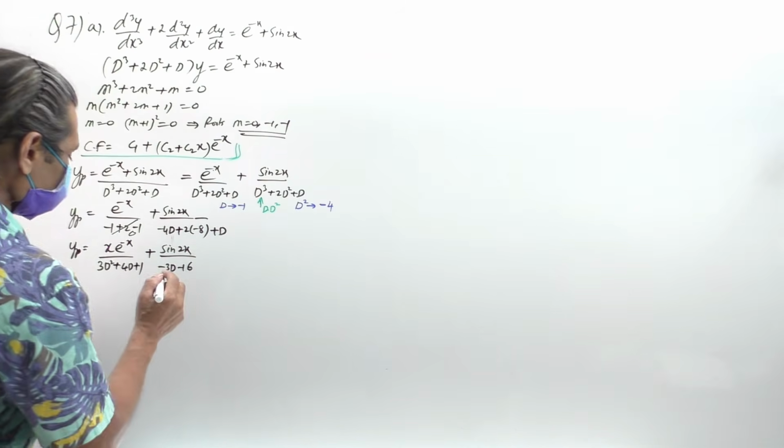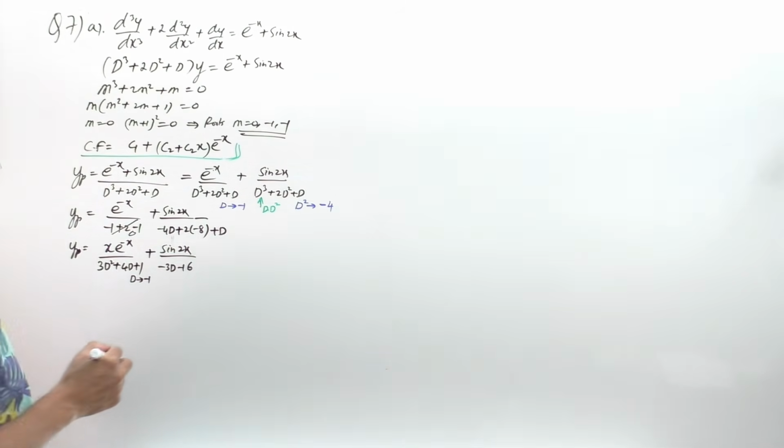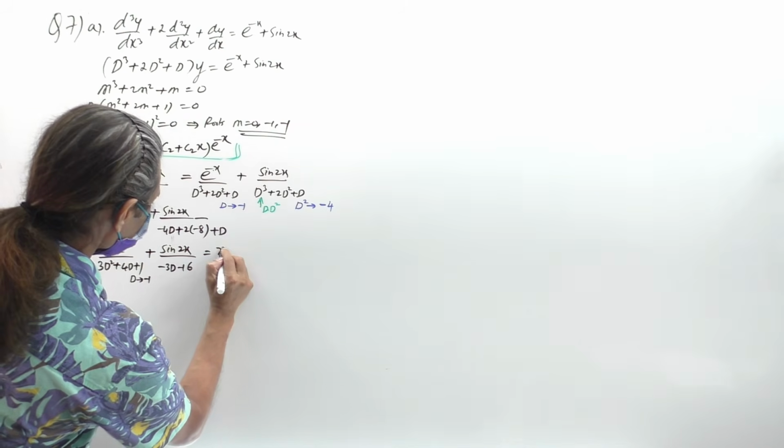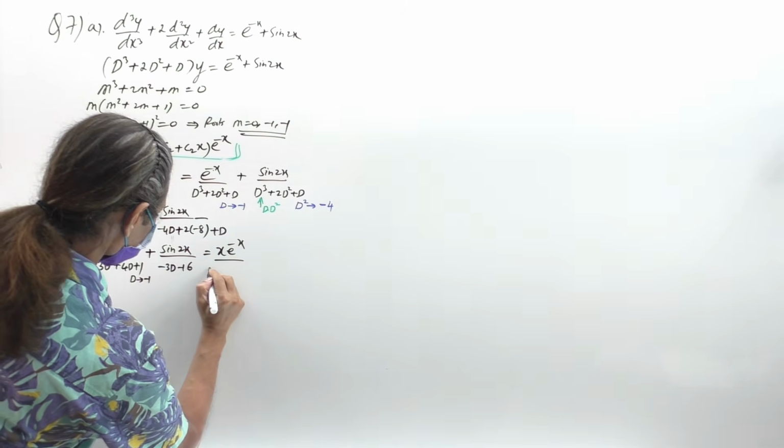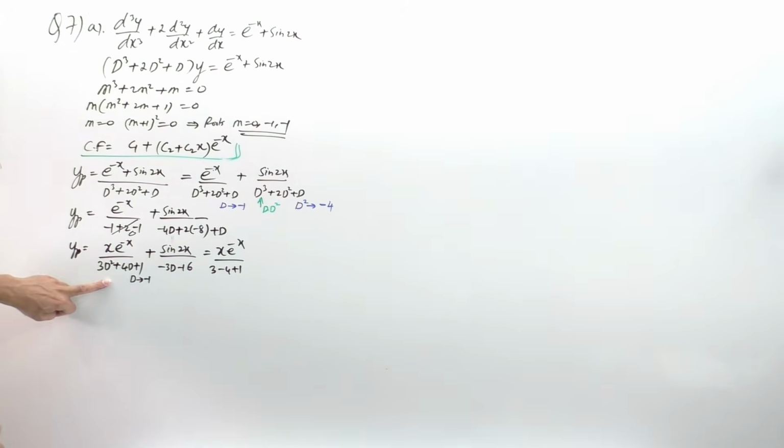Now again replace D by -1. So this will be x e^(-x) divided by 3 - 4 + 1, correct. You replace D² by 1, and 4 into -1 is -4, plus 1.